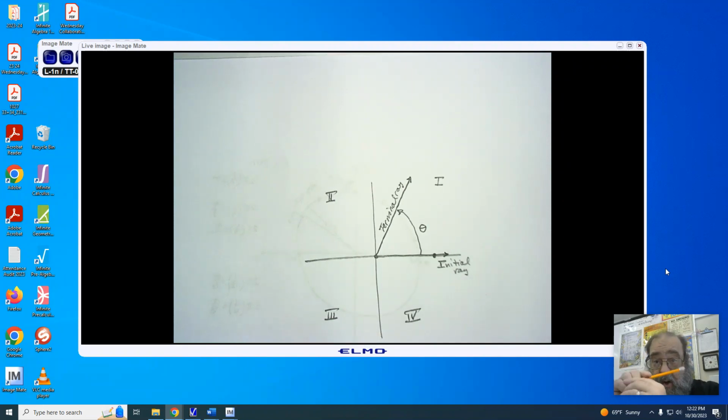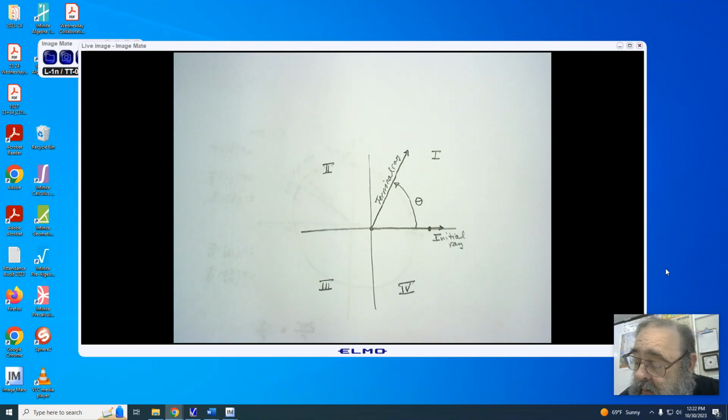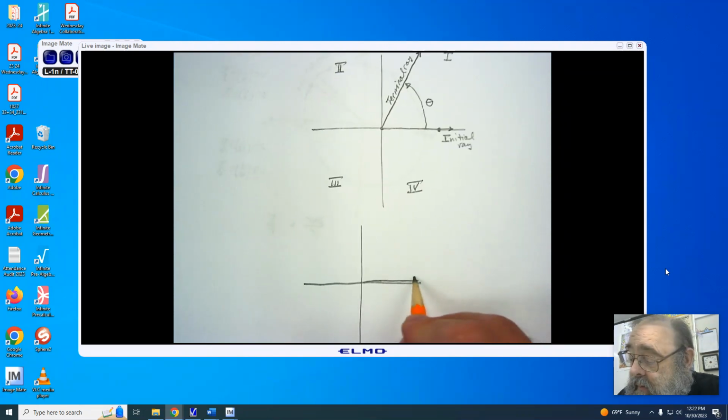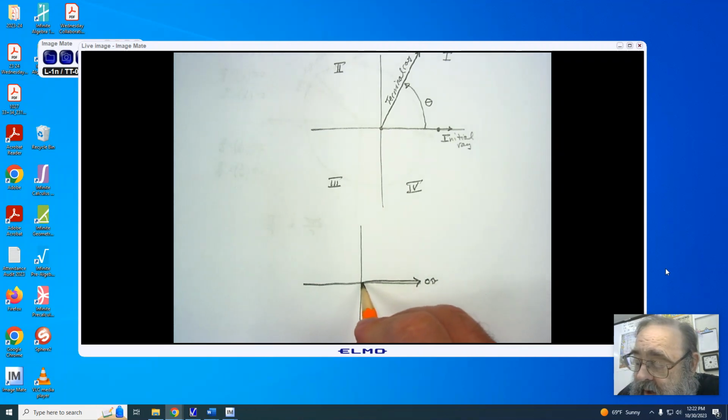We take our initial ray and go around the units of this circle, and where we end is called our rotational length. So let's say I start here at my initial ray at 0 pi, and I'm going to go through 2 rotations.